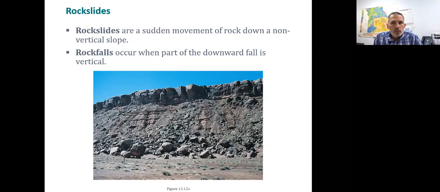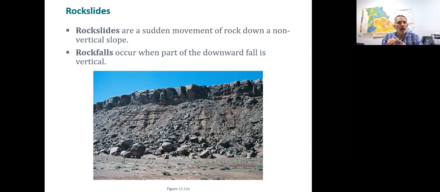The last couple of mass wasting events are called rock slides or rock falls. Now, a slide occurs where we have the rocks sliding down as one cohesive mass. Your book actually has some examples of these. They talk about the Gros Ventre slide in Wyoming, near Yellowstone and Jackson Hole area.